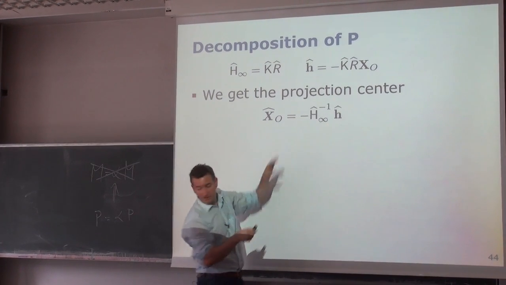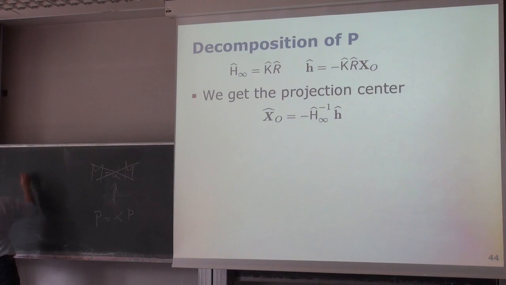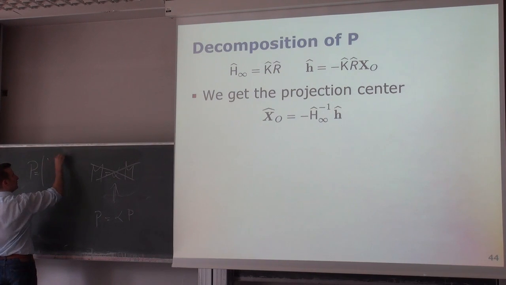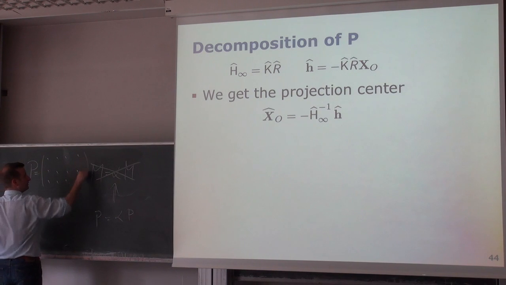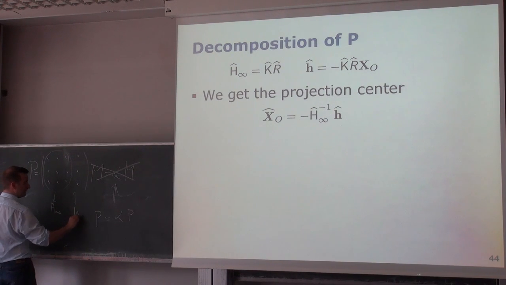So I basically take my projection matrix, which has 1, 2, 3, 4, 5, 6, 7, 8, 9, 1, 2, 3 elements. Those over here directly form H infinity, and this was my vector h.